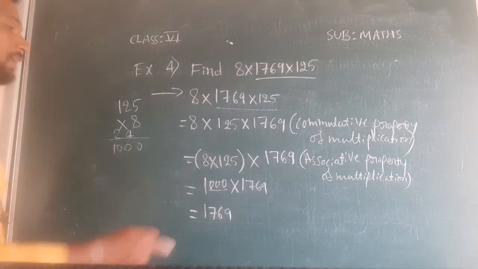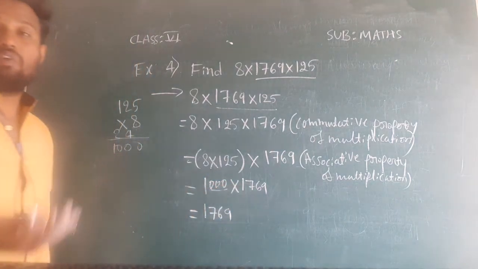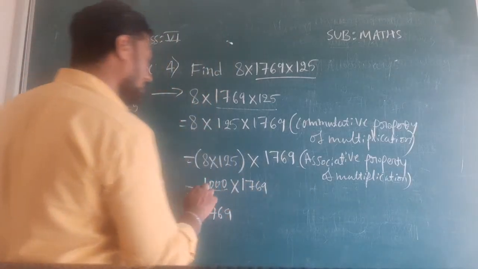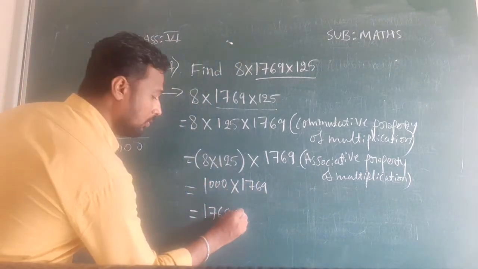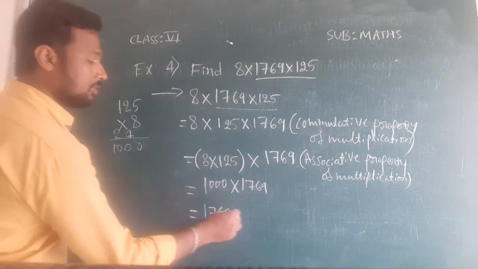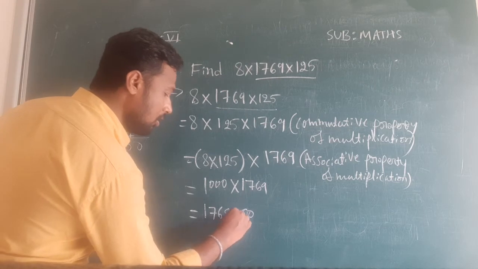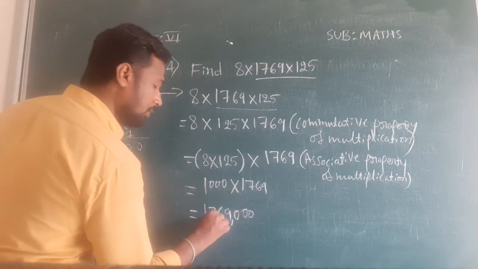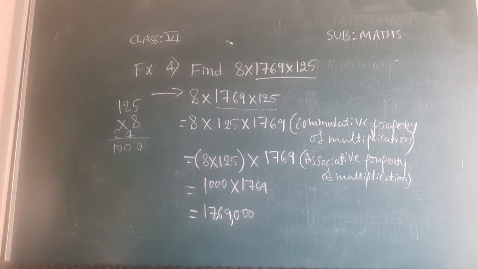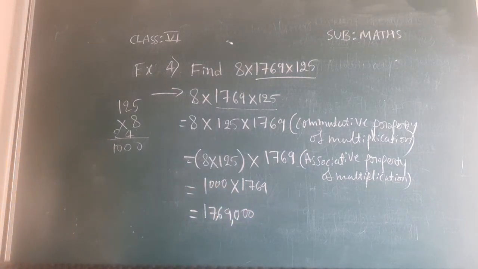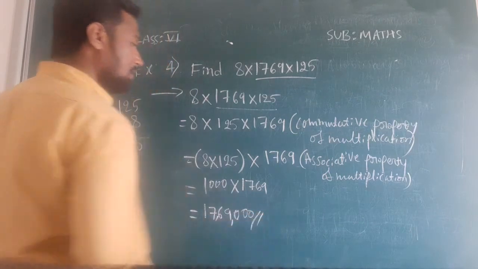If you multiply any number with 0, you will get 0 as the answer. Therefore 1769 into 0, you will get 0. Like this we have 3 zeros here, so we will get 3 zeros. So I will put commas according to the Indian system of numeration. So what is the answer we got now? 17,69,000. Okay, this is the required answer.